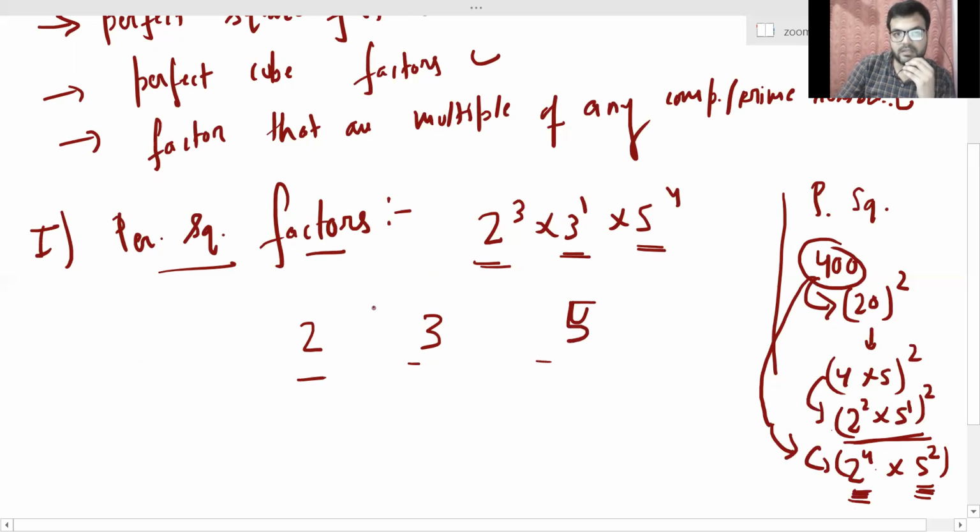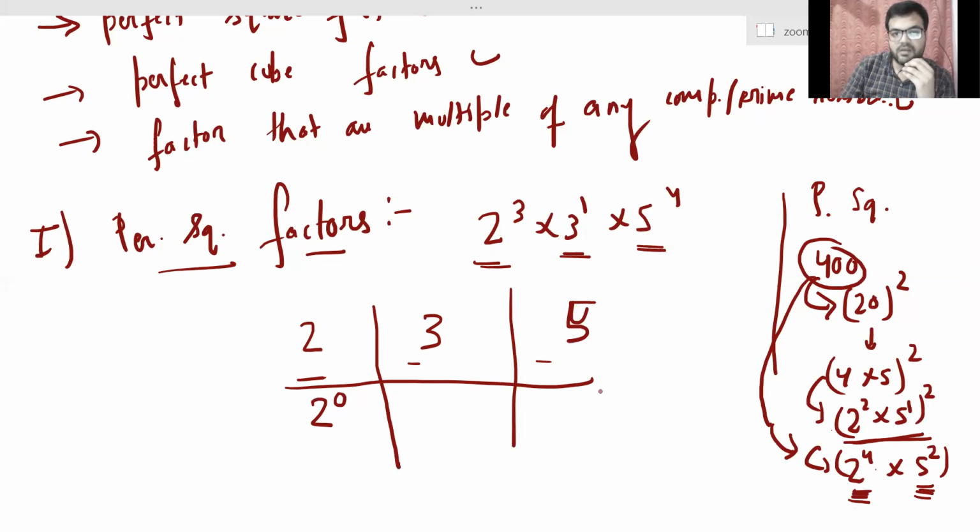In the first column, you have to choose all the powers of 2 which are multiples of 2. So we will take the power 0. Obviously, we will take power 0 of 2, because power 0 of any number gives you the result 1, and 1 is always a perfect square number.